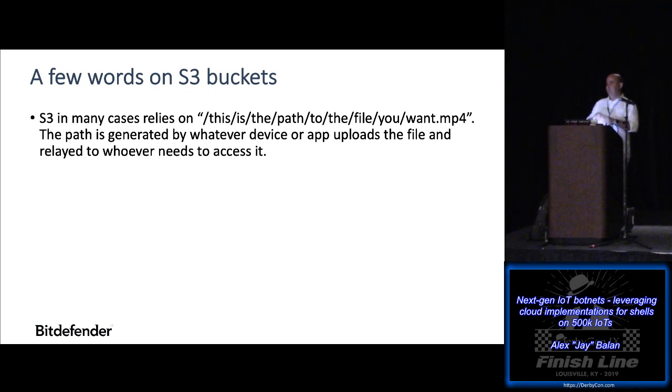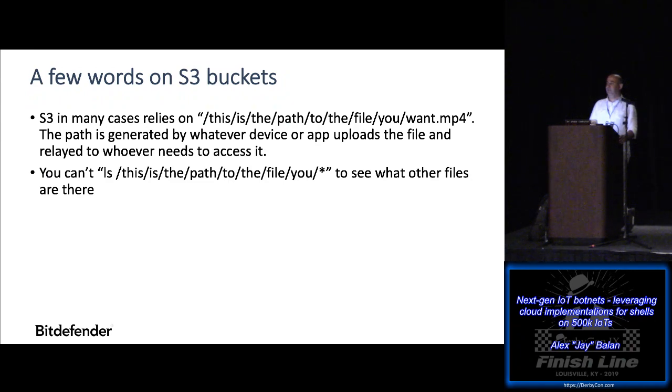So essentially, the security measure here is that you do not know the path of the file or the file name that's being passed to the app, and the app knows, okay, I can access that file in that path. And ideally, you cannot list the contents of an S3 bucket. You can just access that file. You cannot do a list in a folder. Or, as I was saying, you shouldn't be able to do that.